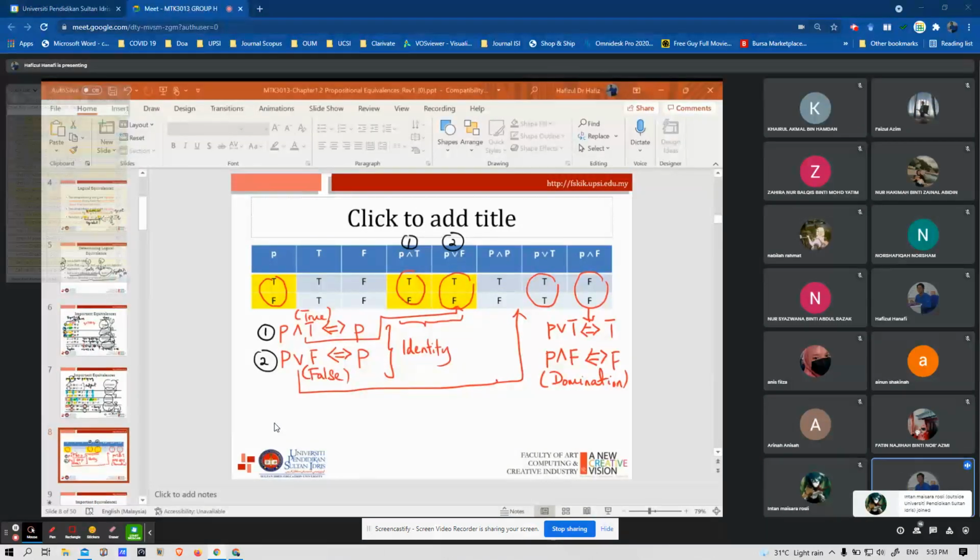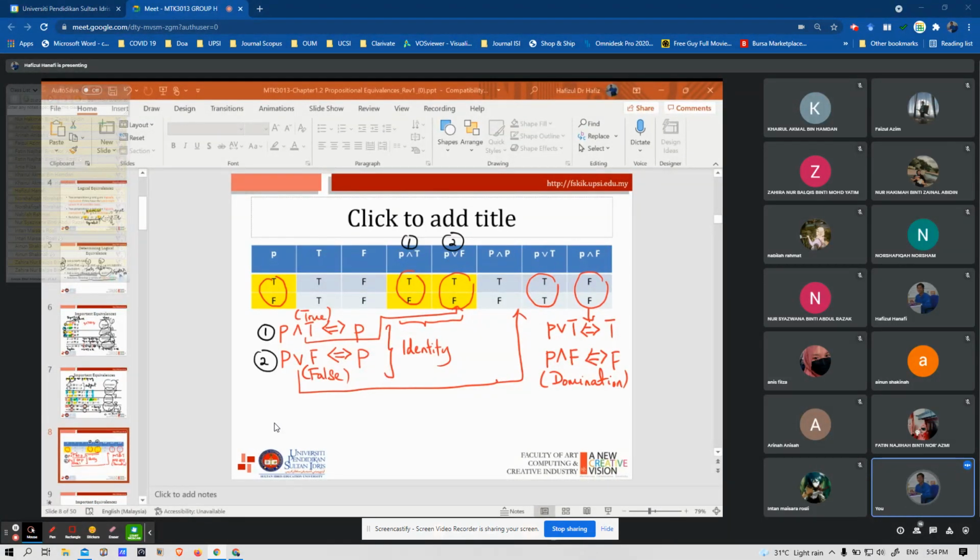We have P and true is equivalent to P, and P or false is equivalent to P. The equation is unchanged after multiplying by 1, and we can call the number 1 the multiplicative identity. For logical operations, the identity for disjunction is false, and the identity for conjunction is true.